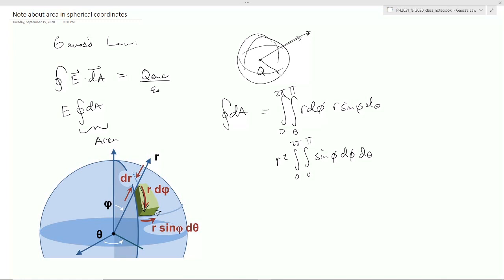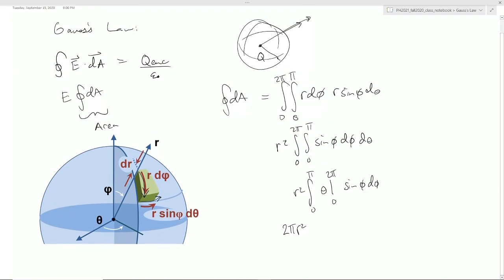That's easy, because notice there's no theta dependence in here. So we would just pick up r squared, and theta evaluated from 0 to 2 pi. In other words, we just pick up a factor of 2 pi.